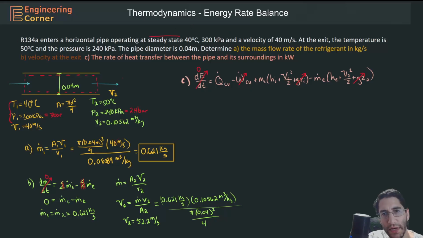So my final equation is going to be 0 is equal to Q_CV plus m_i.